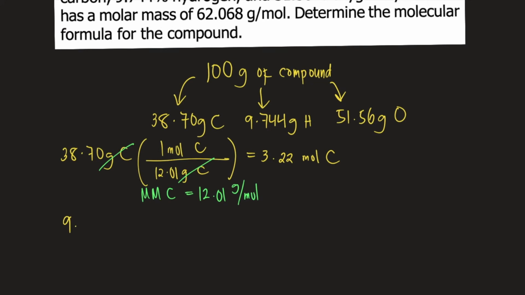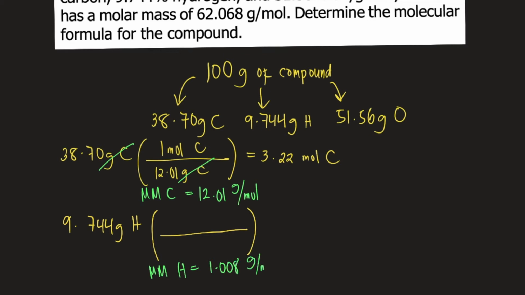Let's move on to hydrogen. We are given 9.744 grams of hydrogen. The molar mass of hydrogen is 1.008 grams per mole. Same thing: you put 1.008 grams at the bottom, and on top you put 1 mole of hydrogen.